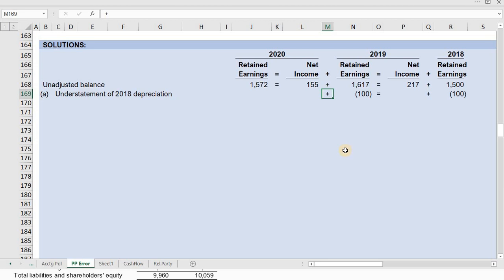That is why we need to deduct again 100 pesos. Again, why do we need to deduct? Because the 1,572 is overstated by 100 pesos, because the 2018 net income, which is overstated, is included in the retained earnings at the end of 2020.